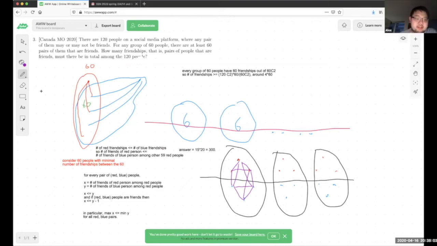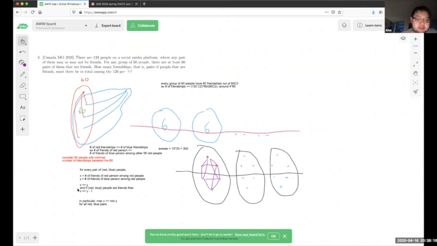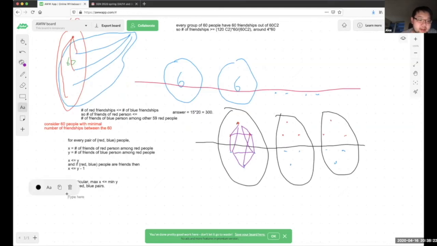The problem is, first of all, if you say that x is 3 for some red person, then every blue person, the total number of friendships is at least 60 red people plus 180 blue-red friendships, right?